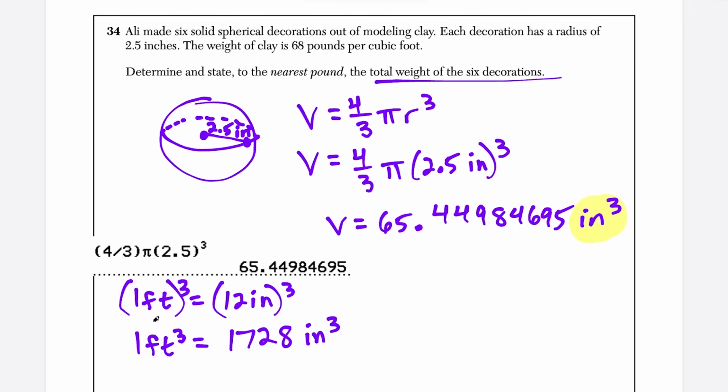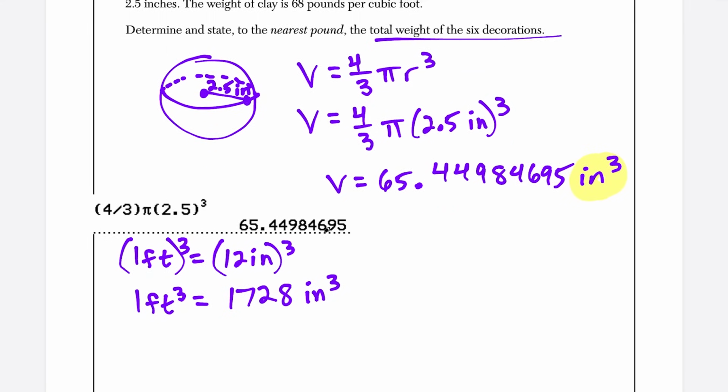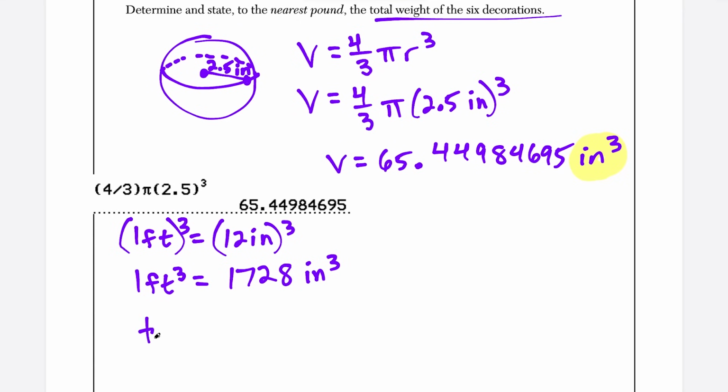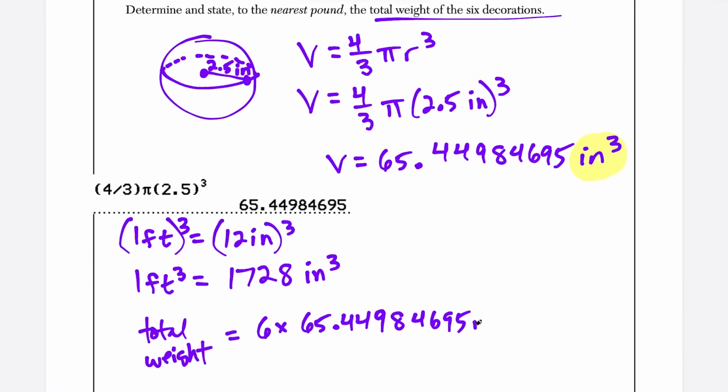The reason why I'm writing this out is that when we want to find the total weight of 6 decorations, we could say the total weight is equal to, and now we could start multiplying. So we have 6 times the volume, 65.44984695 cubic inches.